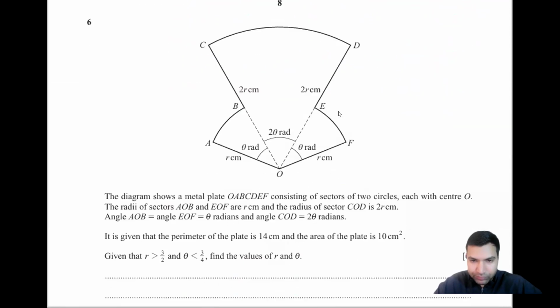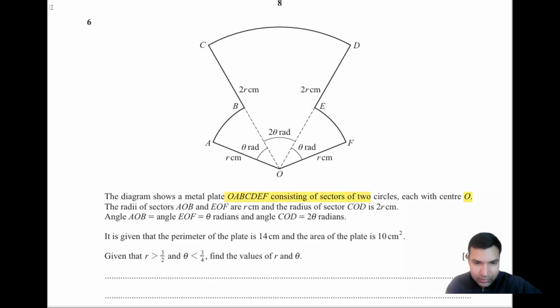Okay. Now, coming on to the sixth one, belongs to trigonometry and radian measures. So it says the diagram shows a metal plate OABCDEF consisting of sectors of 2 circles, each with center O. Okay, so center is given to us and it's consisting of 2 sectors.